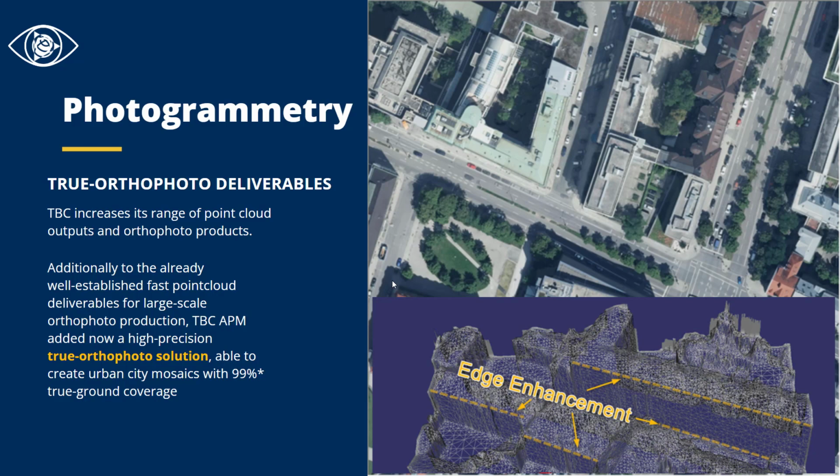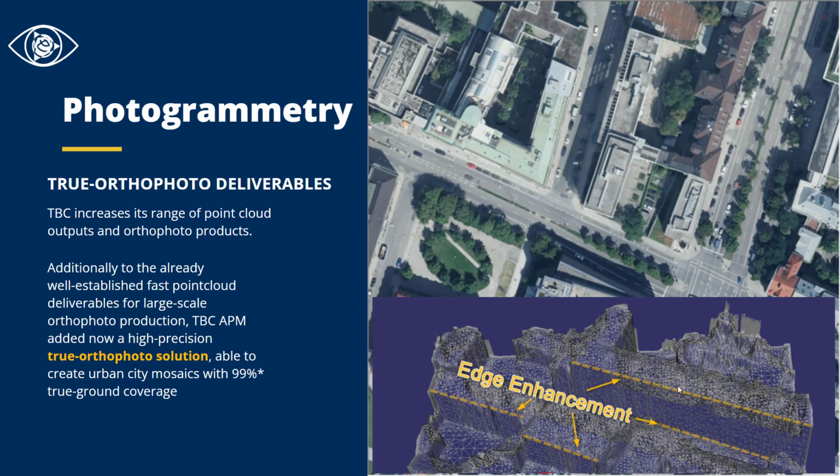They are very common for urban city mosaics, where you really want to see very well into the roads, into the pathways and walkways. So this is one of the major parts that comes with this technology.